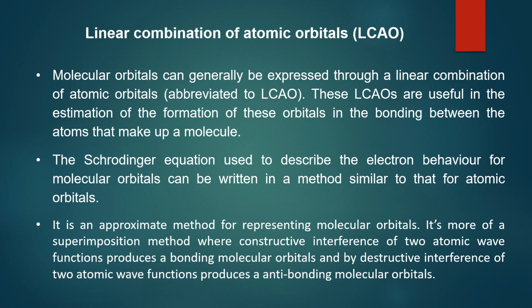Through constructive interference, we get the bonding molecular orbitals by the addition of the two atomic wave functions of the two atoms, while through destructive interference, we obtain the anti-bonding molecular orbitals by the subtraction of the two atomic wave functions. Move to the next slide.